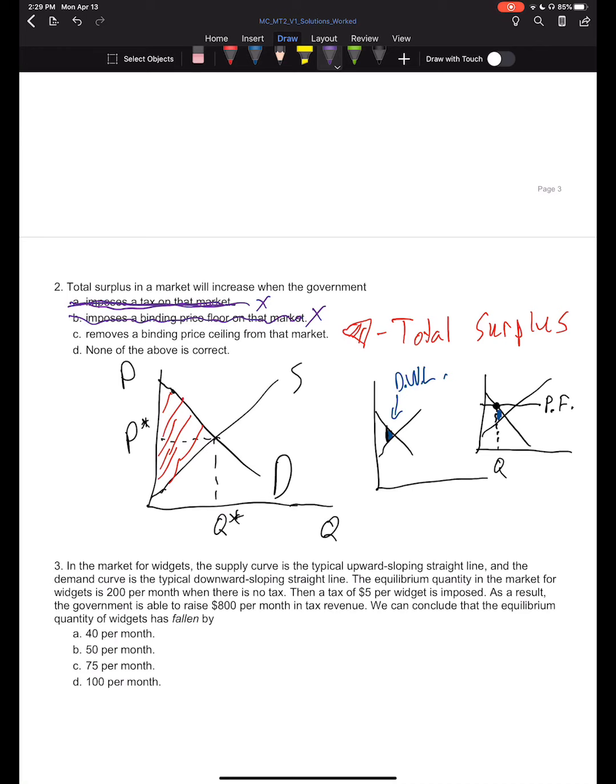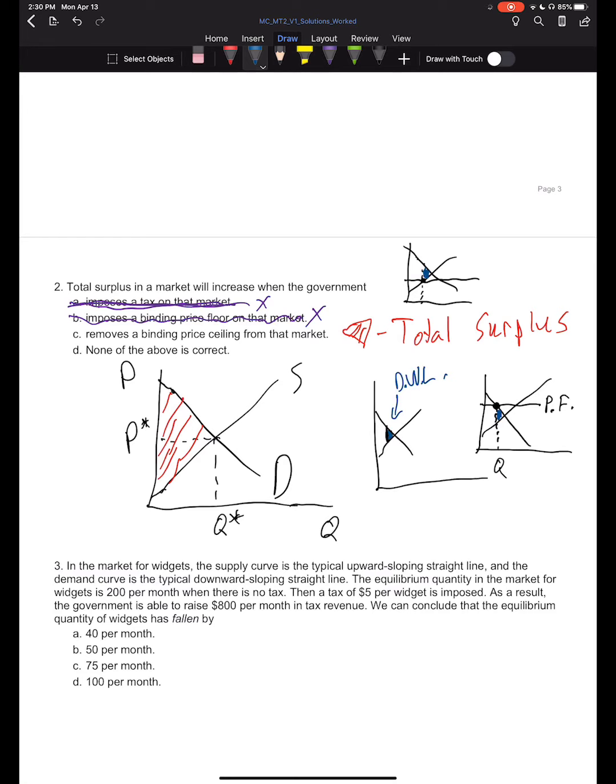However, well, that leaves us with two possibilities. Either C, we remove a ceiling, or D, none of the above is correct. Well, if we look at removing a ceiling, if the ceiling binds initially, it's below equilibrium. And we would be losing all of this area over here.